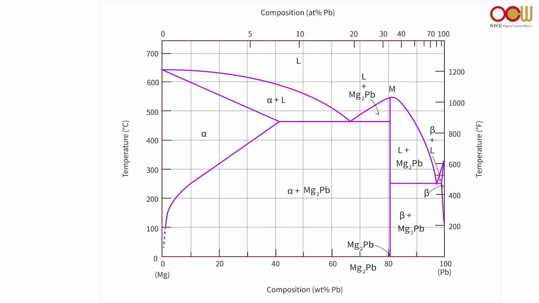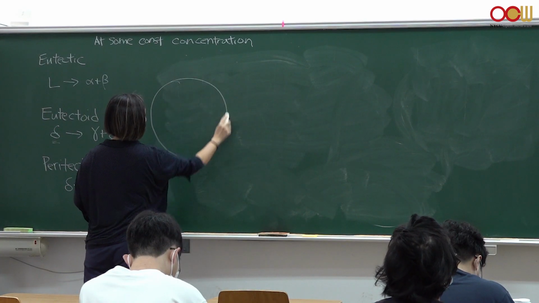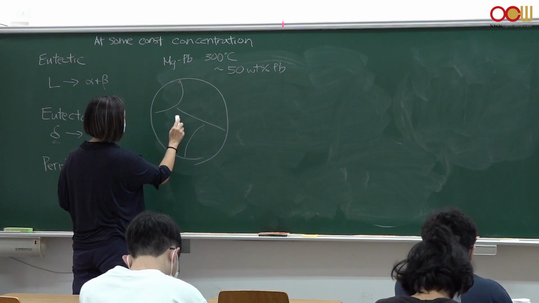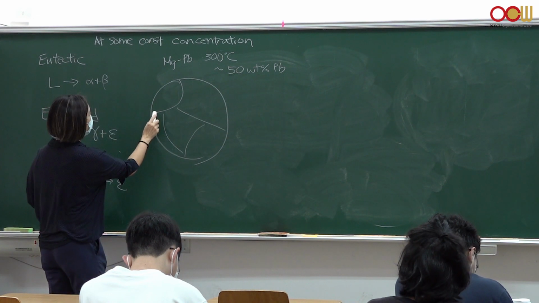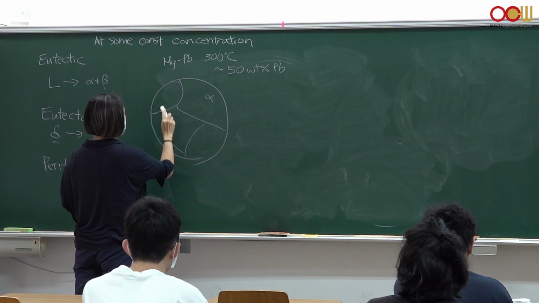If you were to draw a microstructure for a material that's at 300 degrees Celsius and 50% lead, so right here, go ahead and draw it yourself in your notes. What do you think that might look like? You probably get grains of which phase? Alpha, because it forms first from the liquid.